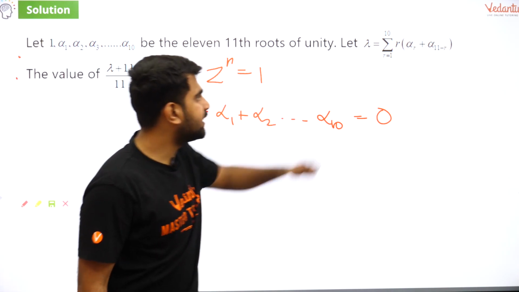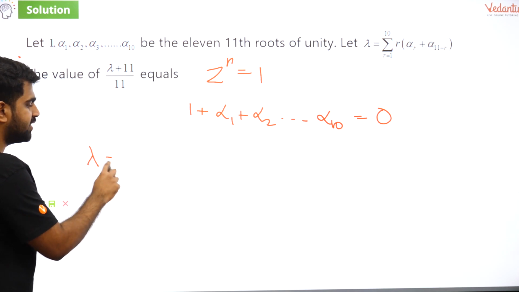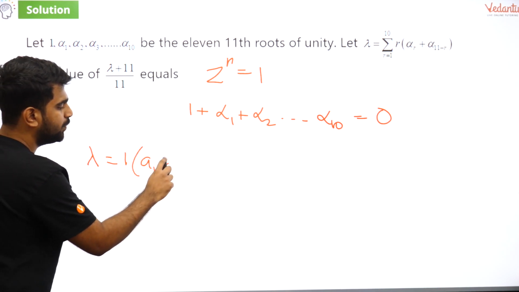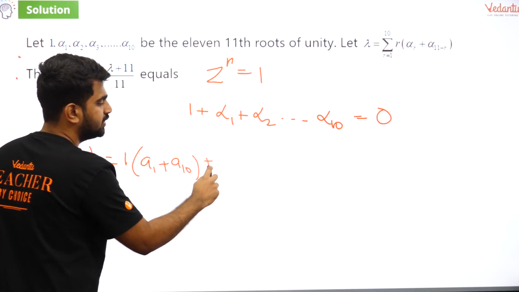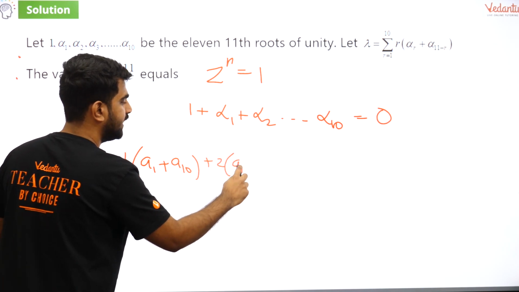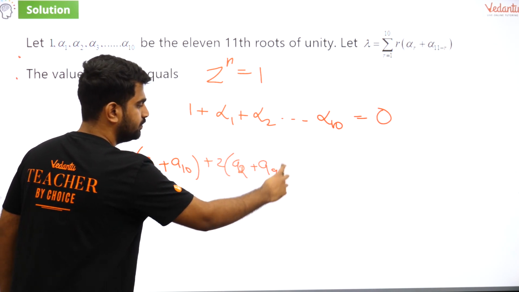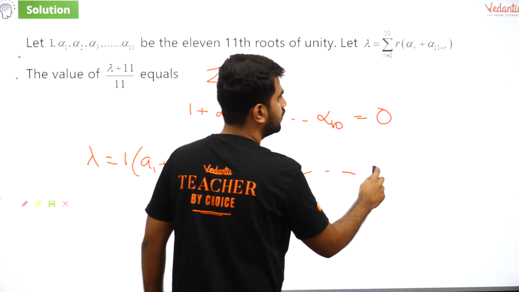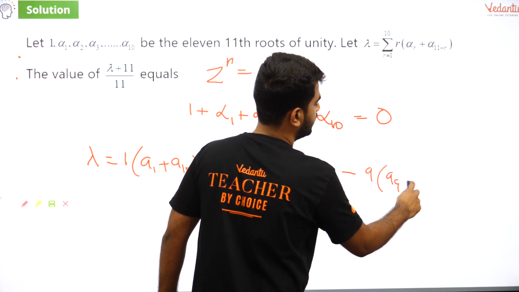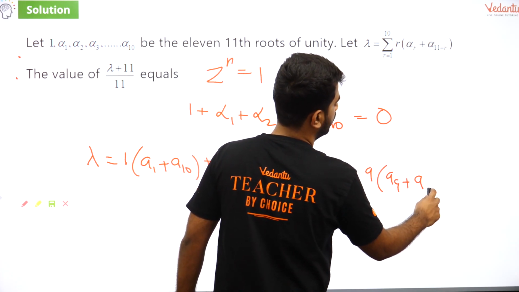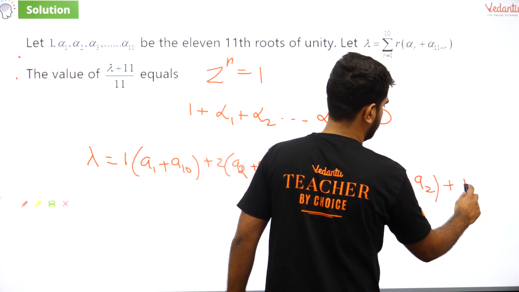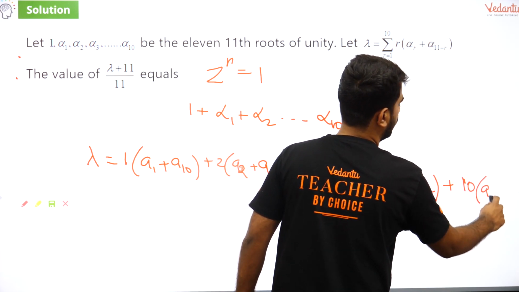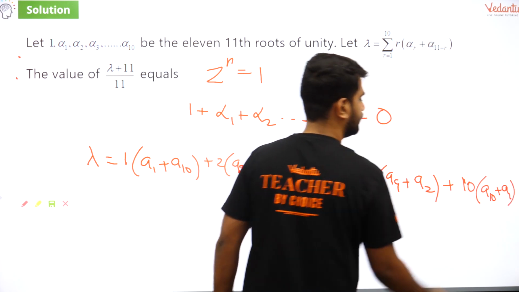I will expand and write lambda. Lambda is equal to 1 into (alpha 1 plus alpha 10) plus 2 into (alpha 2 plus alpha 9) and all the way up to 9 into (alpha 9 plus alpha 2) plus 10 into (alpha 10 plus alpha 1).